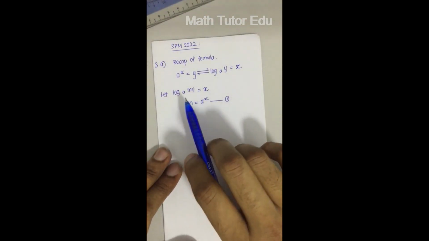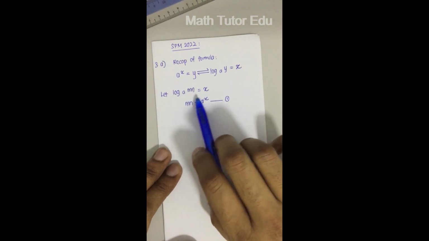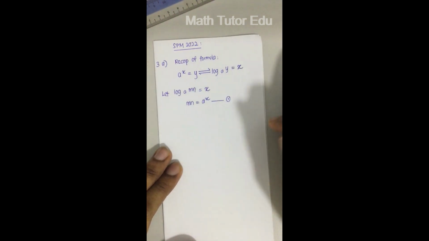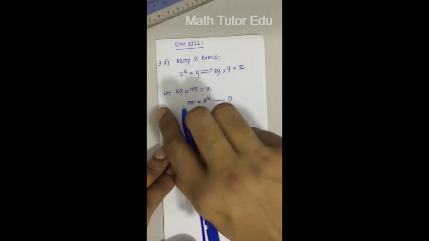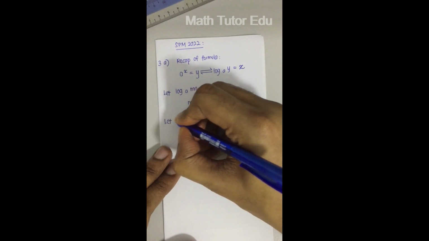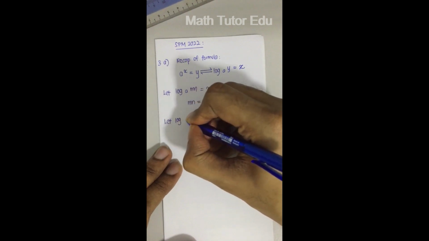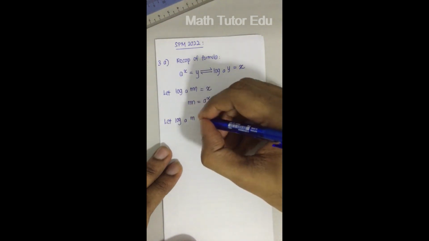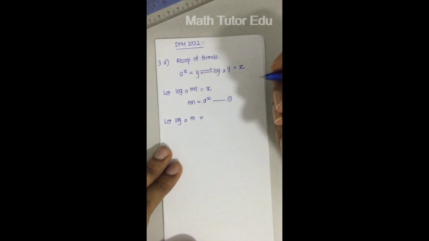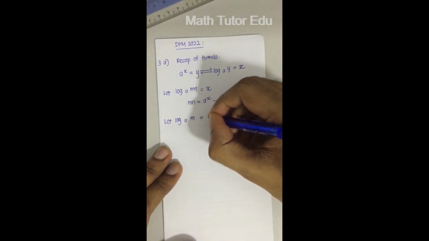So we have done the left hand side of the formula. Let us proceed to the right hand side. Start with log a m first. Similar step: let log a m, or log m with base a, equal to a variable y, for instance.